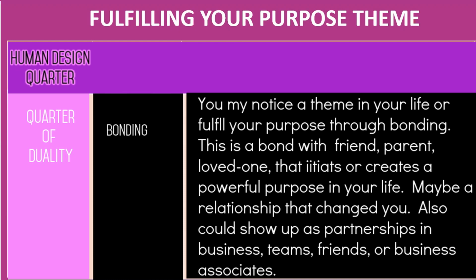So we have a lot of different dynamics and pulls throughout our charts. And so, for example, a triple split, you're not going to be as pulled to one-on-one because you need other people. But then she has the fact that she is a projector, and then now she also has this duality and this bonding. So there's a lot of different dynamic pulls that kind of operate.